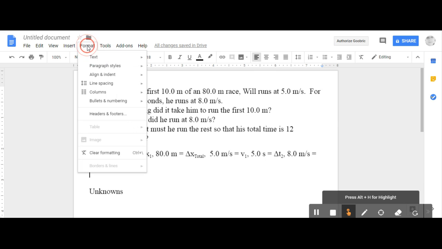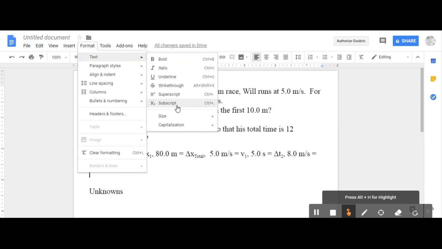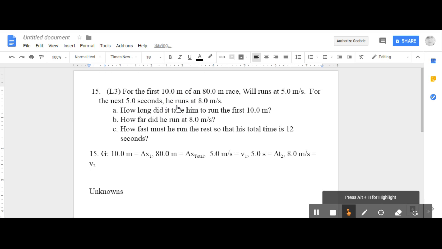So, looks like I'm still on subscript. Okay, so for unknowns, I'm going to look for what I'm trying to solve for. Right? What is the question asking for? That's the unknown. So for the first 10.0 meters of an 80-meter race, Will runs at 5.0 meters per second.